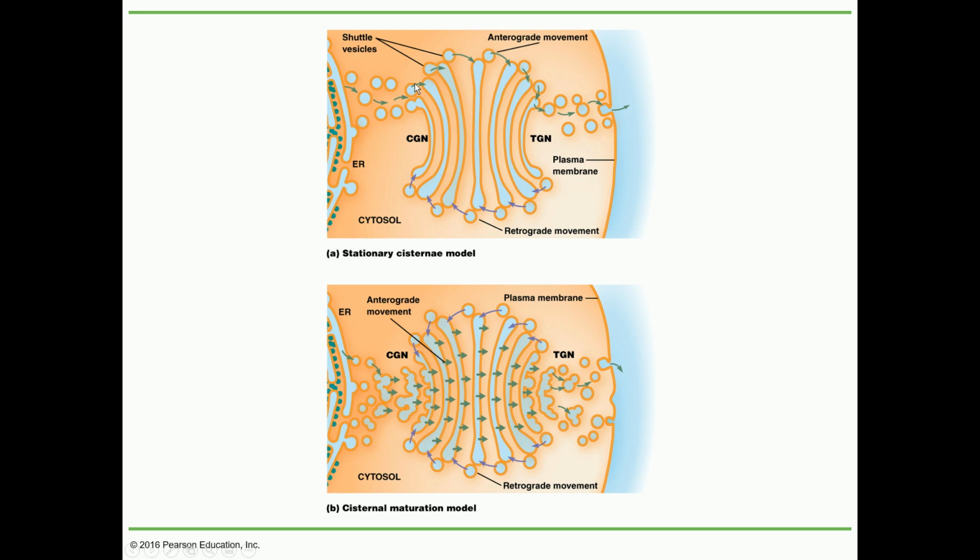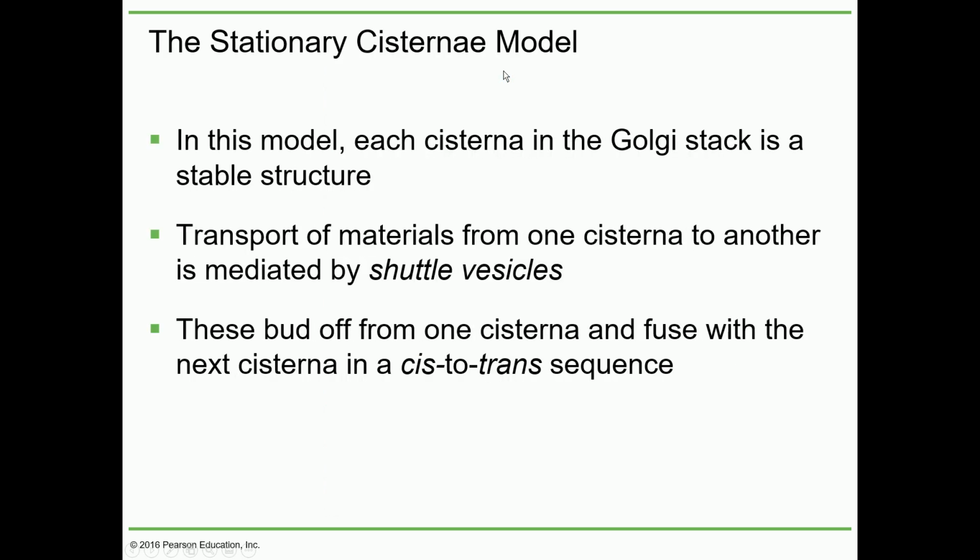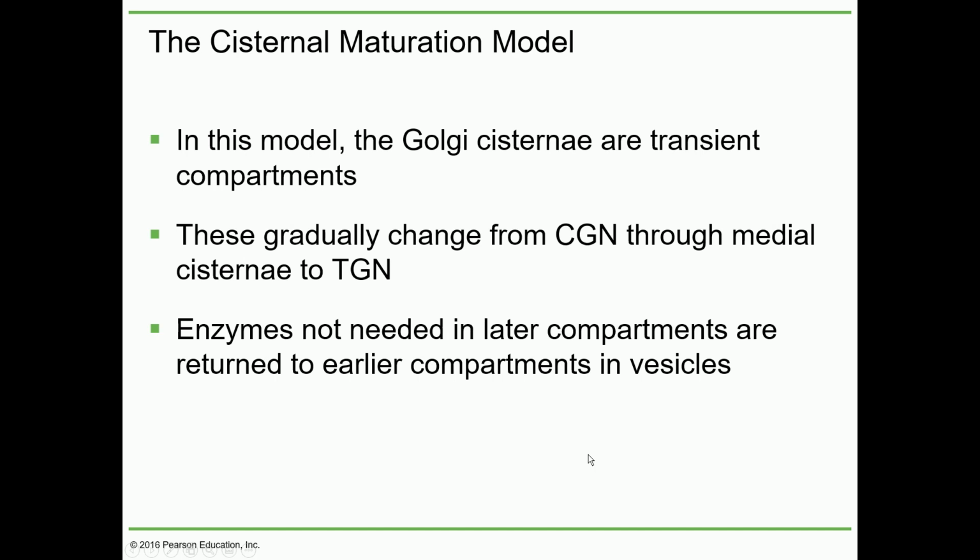Then when it has to go from this cisterna to the next, it will form a new vesicle, goes here, then again a vesicle will bud off here and fuses there. So in the stationary model, transport of material from one cisterna to another is mediated by shuttle vesicles. These bud off from one cisterna and fuse with the next cisterna in cis to trans sequence.